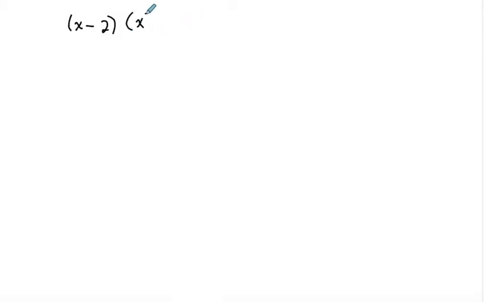So let's do x squared minus 3x plus 4. So I could either continue to think of this as an area model, and remember that subtracting is the same as adding a negative, so I might think of this as plus negative 2. Okay, so those are my terms for my binomial.